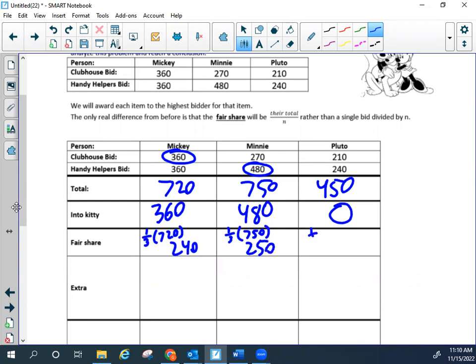And 1/3 times 450. That is $150. So our contributions to the kitty with both items combined is $840. After everybody puts their fair share back in their own pockets, we took $640 out, which means there is $200 left over.